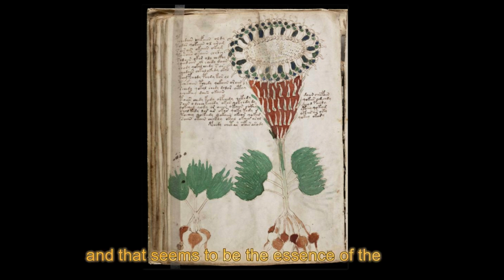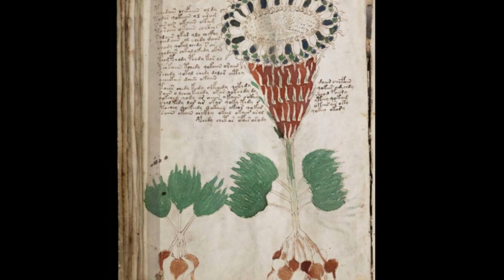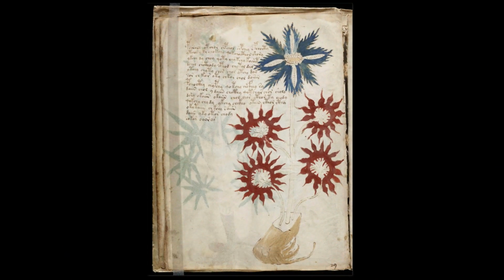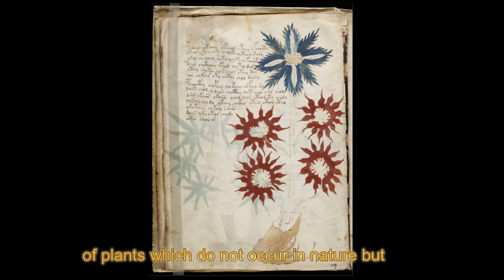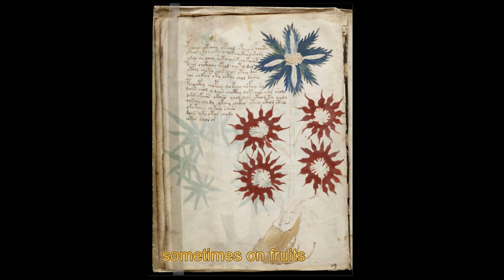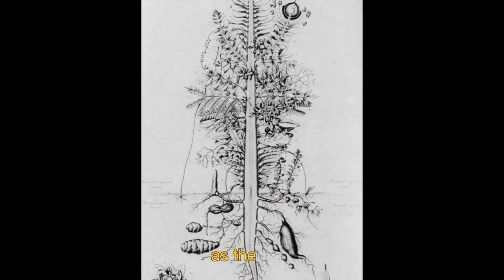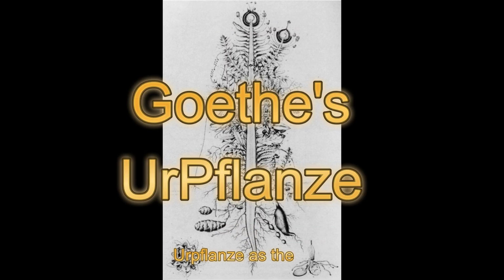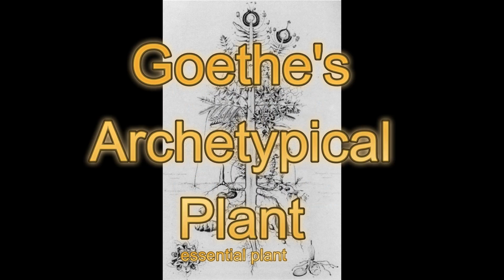And that seems to be the essence of the plants in the Voynich Manuscript. They are all archetypes. They are styles of plants which do not occur in nature, but they are all built based on stem systems, on root systems, on foliage, on flowers, and sometimes on fruits, in a way which is on the level of a blueprint, related to what Goethe once described as the Urpflanze, the essential plant.